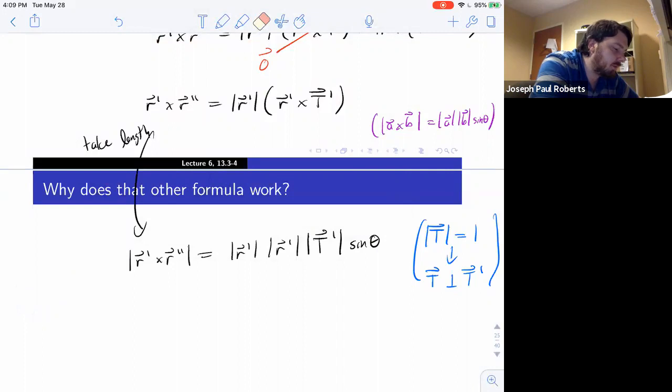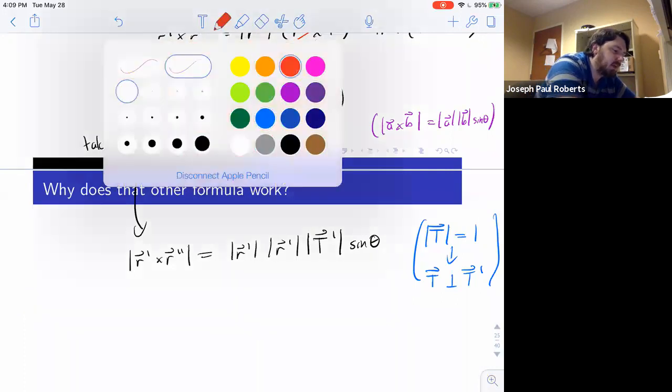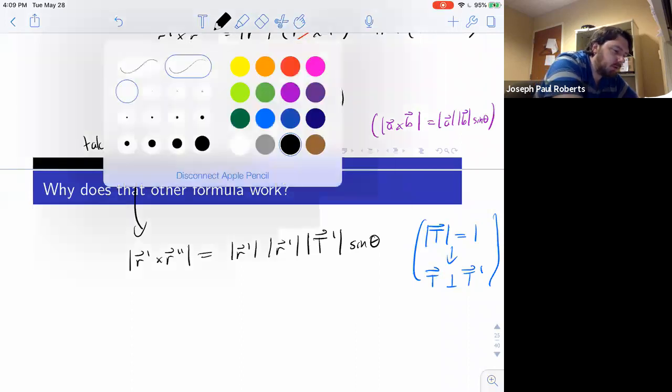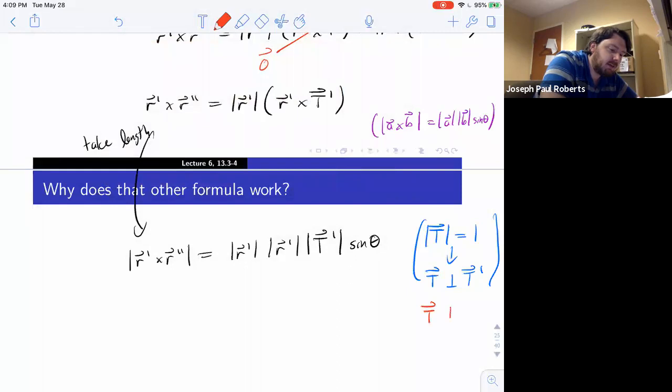The whole point of this capital T, the unit tangent vector, is that it always has length 1. So therefore T prime and T are perpendicular. And combine that with the fact that we already said before that T and r prime are parallel. Those two together tell us that r prime and T prime are perpendicular, so theta is pi over 2, and so sine theta is 1.